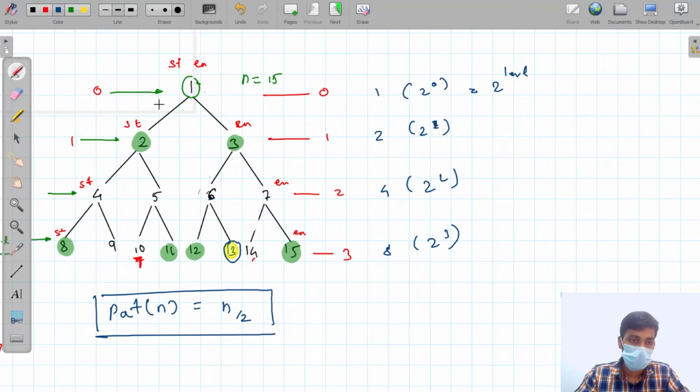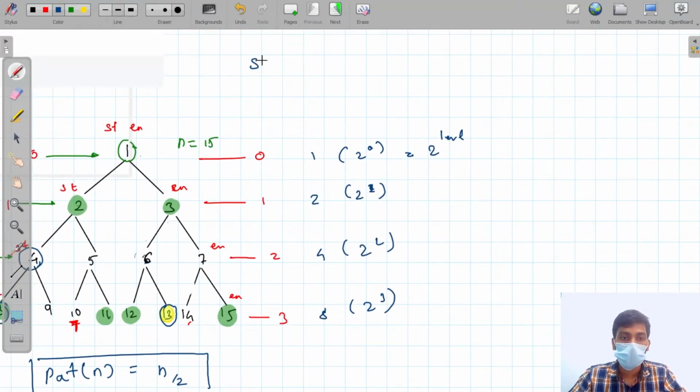That is, in this level, in the exponential form of 2, what is going to be the perfect power of 2 in this level? It is going to be 4. In this level it is going to be 8. So can I call this nothing but starting point is equal to 2 raised to the power level, or I'll just call it the last level value.